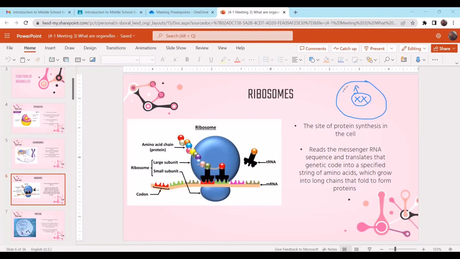I covered this last class, but these ribosomes are in the cytoplasm, which is the jelly-like fluid in the cell. They're randomly on the endoplasmic reticulum, which is right here. So the ribosomes are on here. Sorry, this is a really bad drawing. So the messenger RNA carries the DNA into the ribosomes, and the ribosomes basically make a protein for the cell.